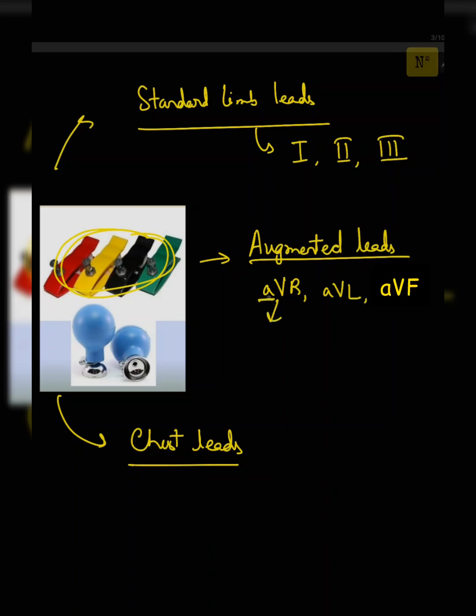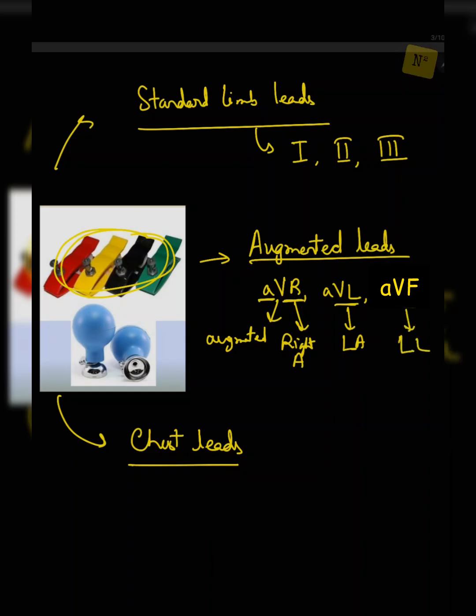That A signifies the word augmented, and VR, VL and VF signify the respective limbs. This is the augmented potential of the right arm, this is the augmented potential of the left arm, and this is the augmented potential of the left leg.